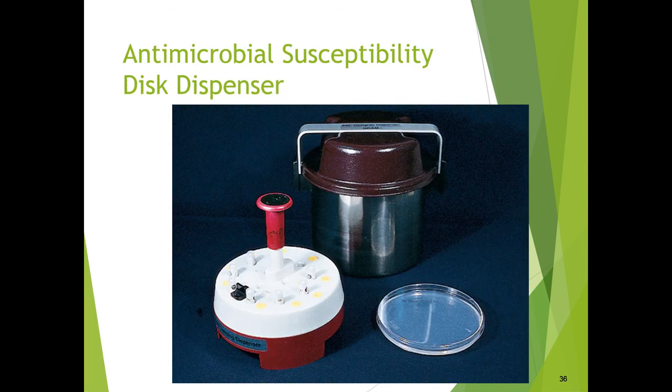This is a stamper that you can use. You place the stamper over the Mueller-Hinton plate and push down on that top lever there, and it places all of those discs on the agar equal distance from each other, so that you're not too close. You don't want to get antibiotics too close to each other, or you'll interfere with the zone of inhibition.